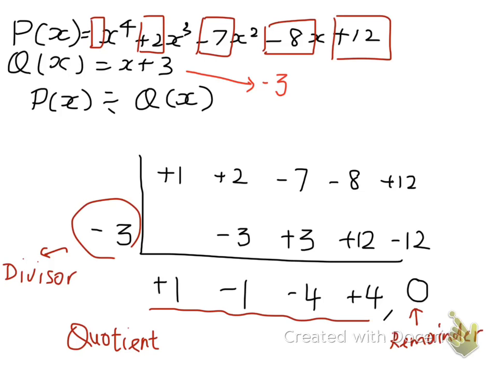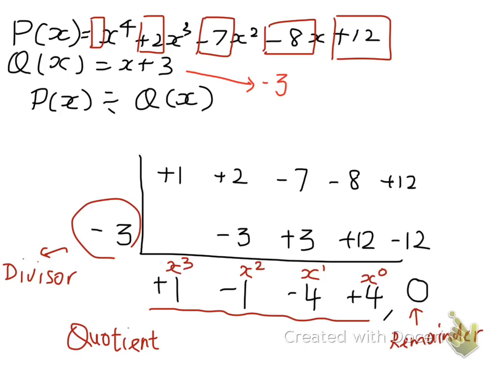And in the quotient, how would you write these numbers? The rightmost of the quotient would be x to the power 0. The last number is always without the x, it's the constant term. So the constant term is x to the power 0. And then x to the power 1, obviously, and then x squared and x cubed.